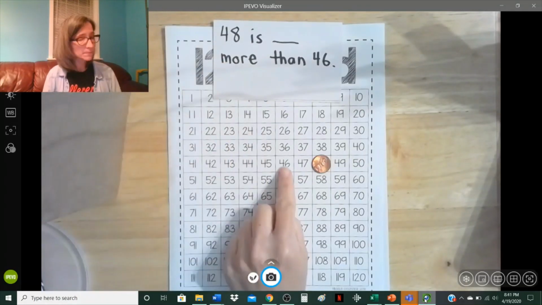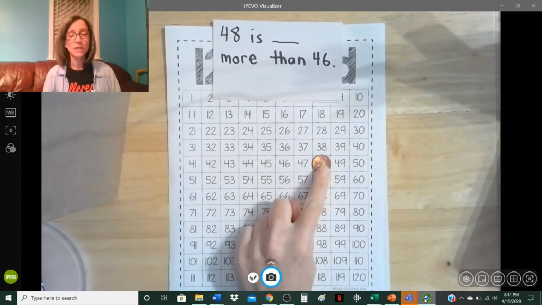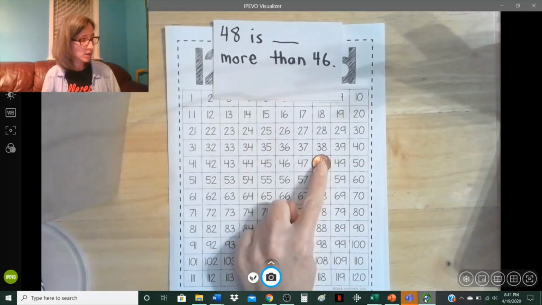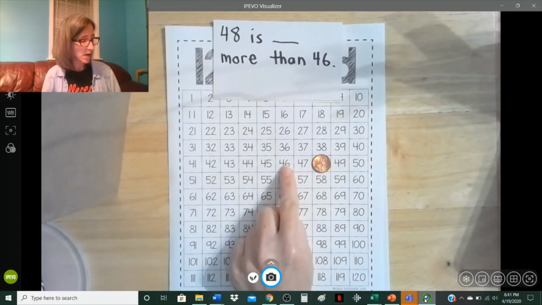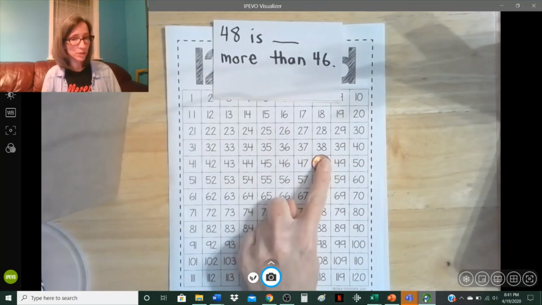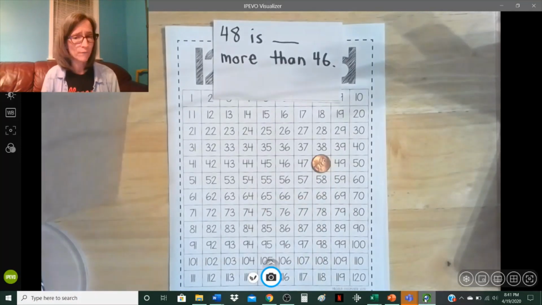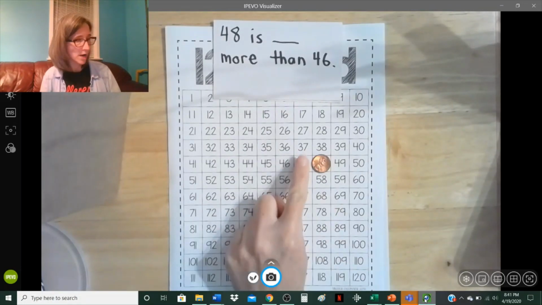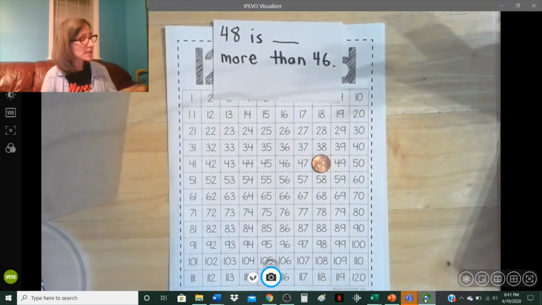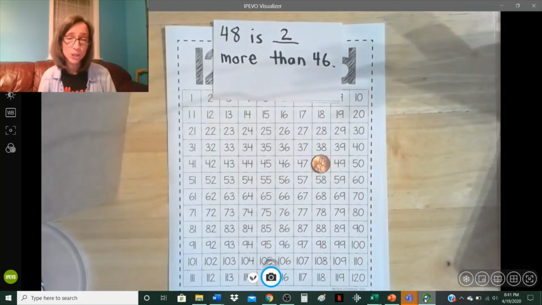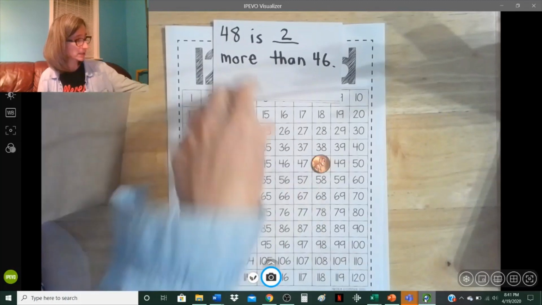The difference between 46 and 48 would be the number of hops I have to take to get there. So if I were here and I had to go this many more to get to 48, 48 is how many more than 46? 1, 2. If you said 2, you are correct. 48 is 2 more than 46.